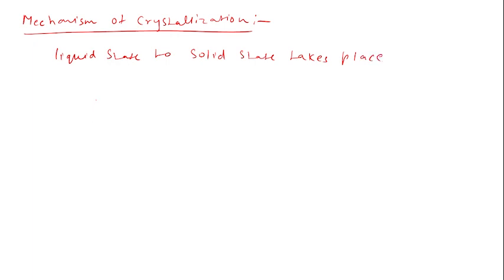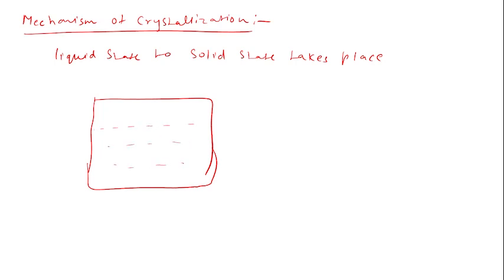One nucleus will form. Suppose this is your molten metal. One small nucleus will start forming. Then those nuclei will start growing. That is called nucleation and growth.